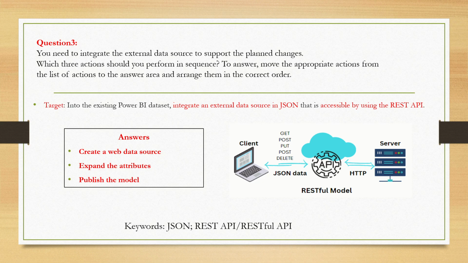What do we do? Of course, the first thing is if you go to your Power BI environment, you see the get data. You need to have a source. There has to be a web data source where you're getting your data from. And when you bring it into your Power BI desktop, you will have to expand the attributes, expand it to show the records, then into rows and into columns and all of that.